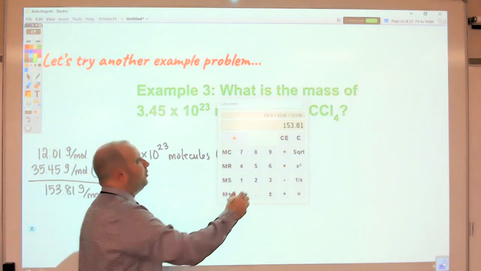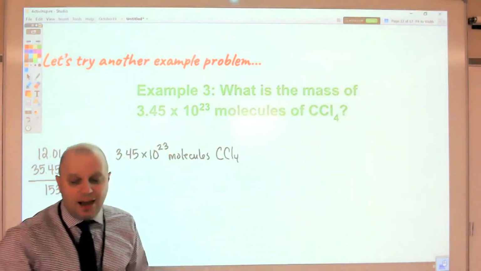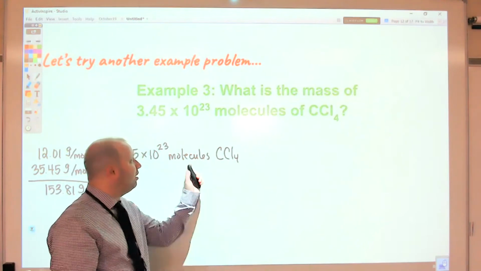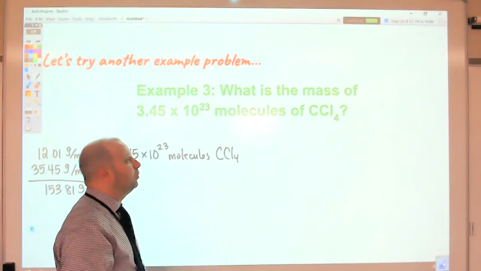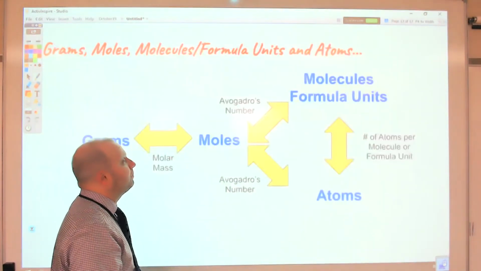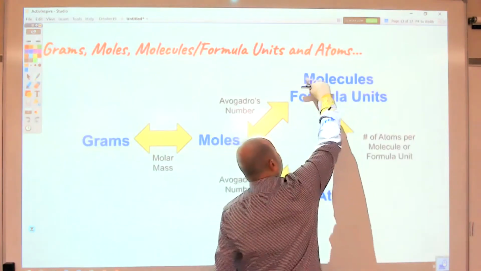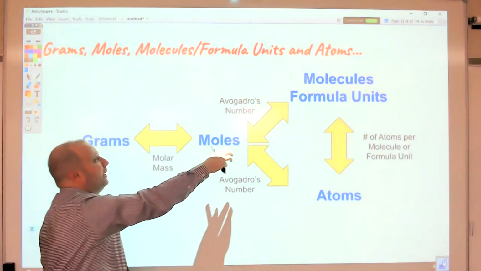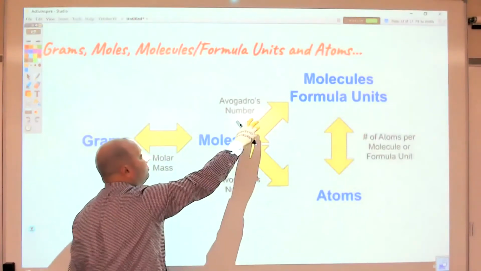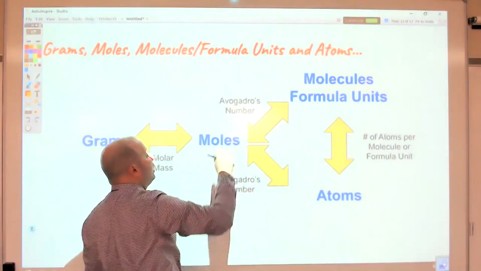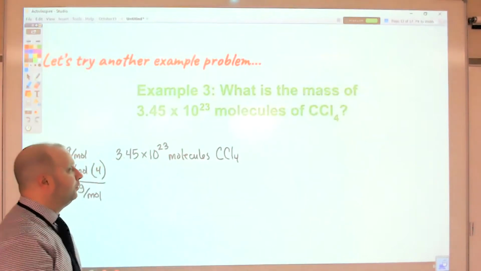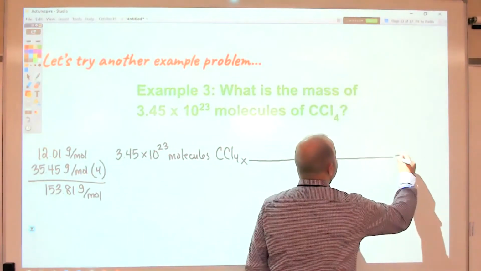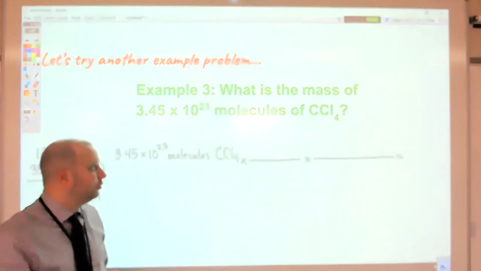I'll use that later. Right now, what I need to do is convert from molecules of CCl4 to moles. So if you look at the chart, right now I'm up here, starting at molecules, and I want to get to grams. So I need to come down this slide here between molecules and moles using Avogadro's number. So only going to be 2 conversions.